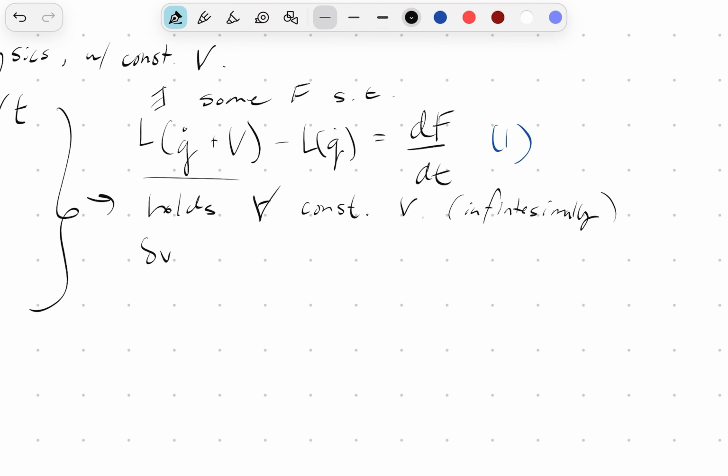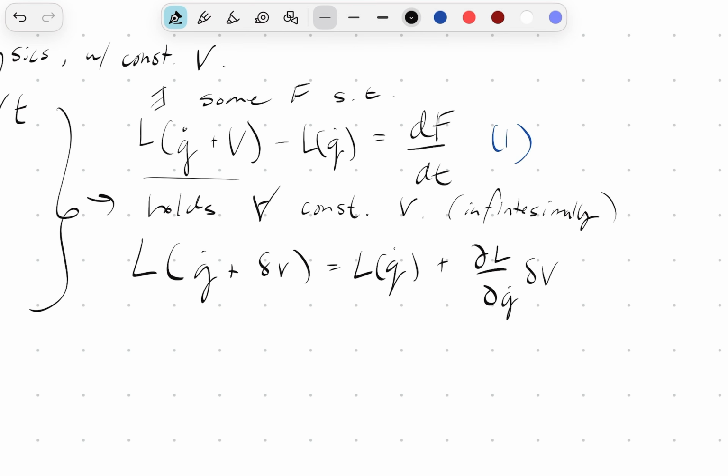And now what this would look like is if we take L of q dot plus the variation of v, this should be equivalent to L of q dot plus q dot times the variation of v, plus higher order terms in v.